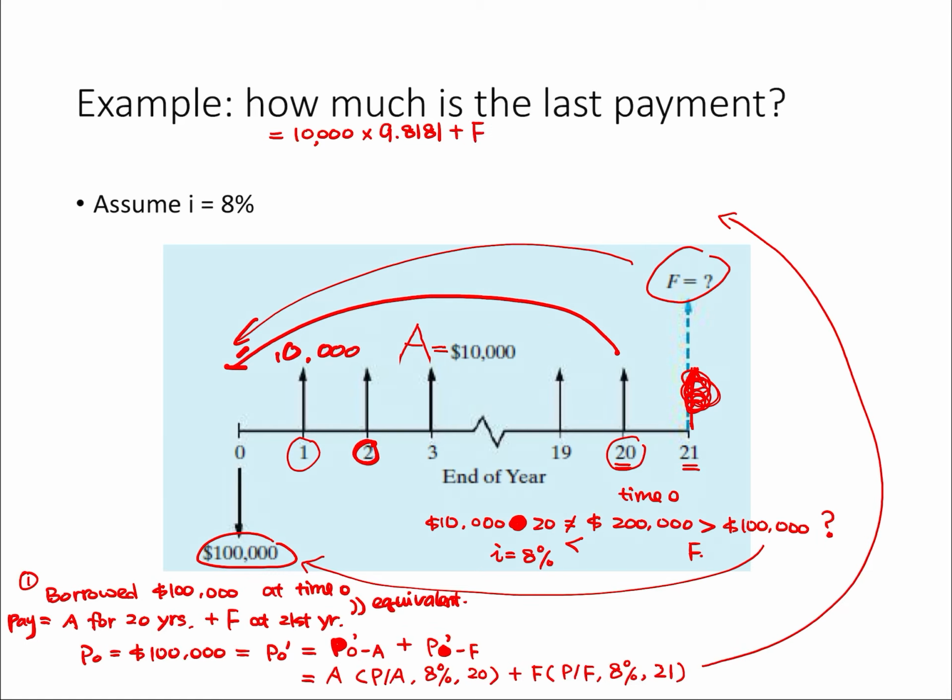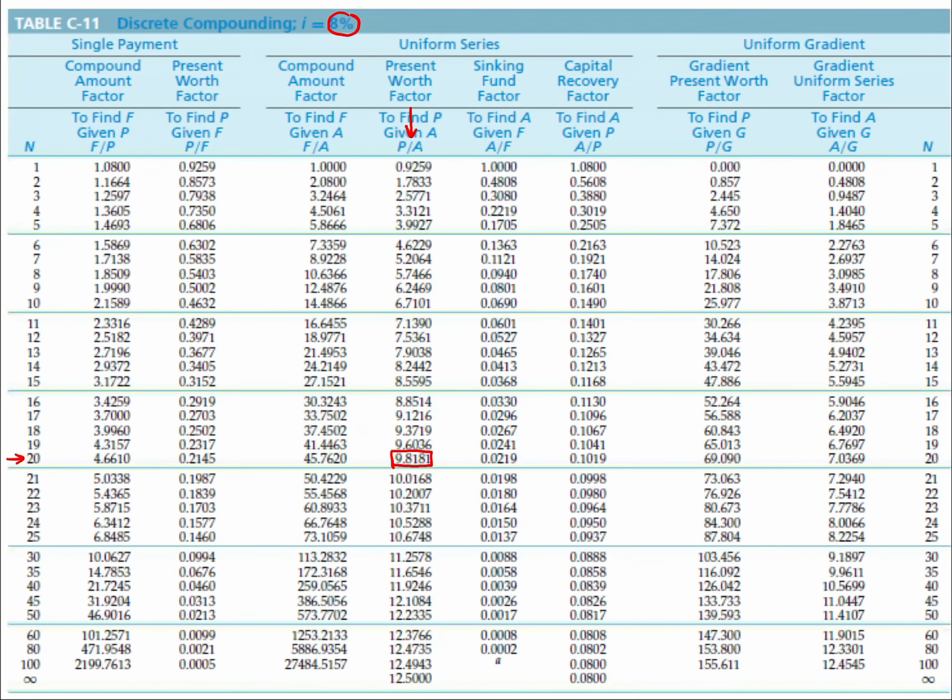Plus a future value you don't know, and it's fine, times a factor. That factor is P/F, 8%, 21. So still, you're looking at the 8% table, but it's P/F. So that's this column, and then row 21.